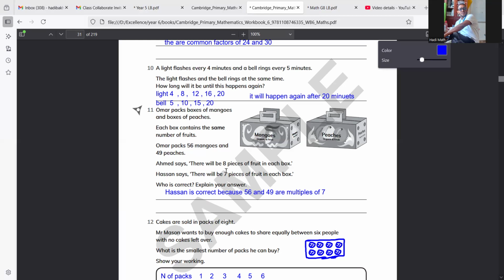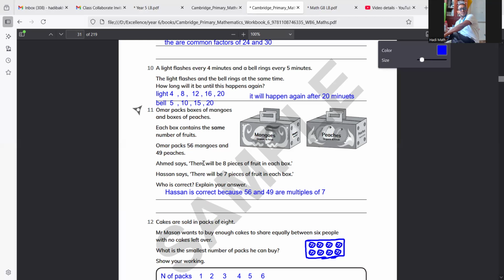Okay, let's see one by one. Both of the boxes contain the same number of fruits. Omar packs 56 oranges.